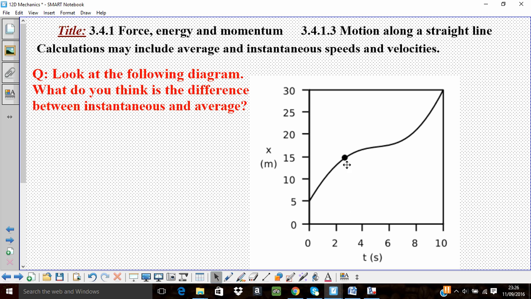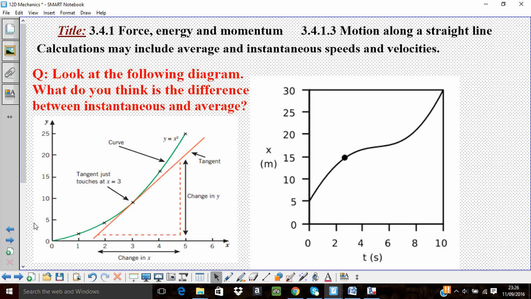We practically put a dot on the position that we need to analyze, and it is very, very difficult to do it, so we need to use a bit of our mathematical skills. If we have a curved line, it is very difficult to use calculations to find out the slope of this motion.